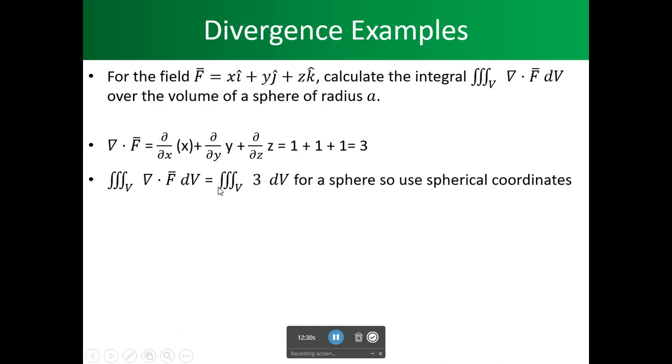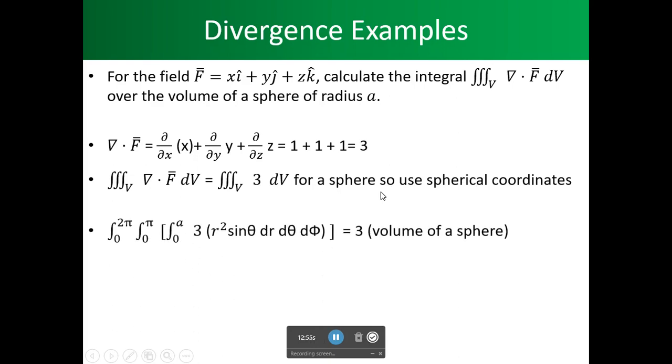Okay, so now we're taking the divergence, which we did. Now we're going to multiply it times the volume, so we can see how much of it, the rate of it is going out or in, or how it is actually flowing. And we're just using 3 for the sphere, also in the spherical coordinate system.